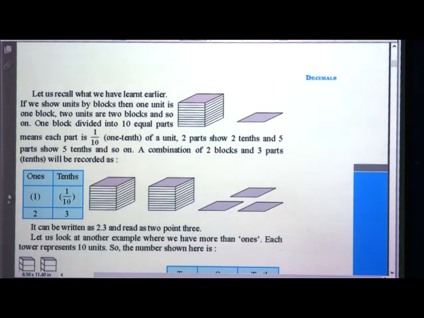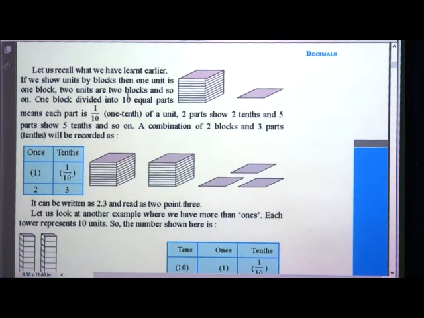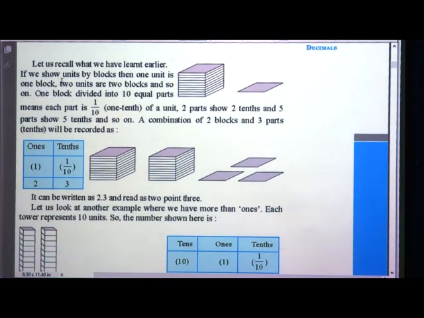See here. Let us recall what we have learnt earlier. If we show units by blocks, then 1 unit is 1 block, 2 units are 2 blocks, and so on. 1 block is divided into 10 equal parts. See students, we have already learned this in earlier classes, we are just reviewing it.